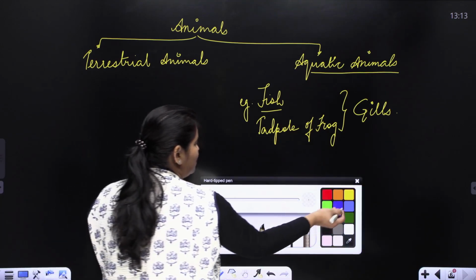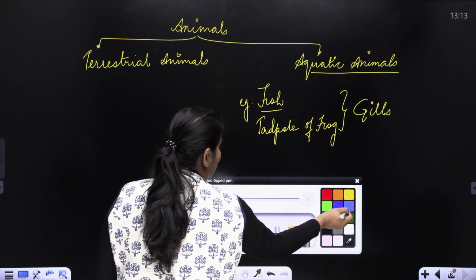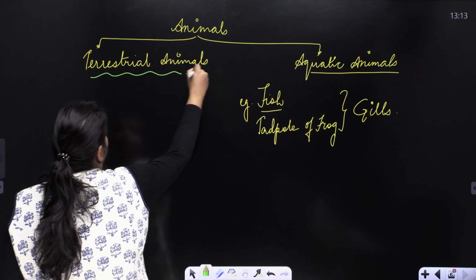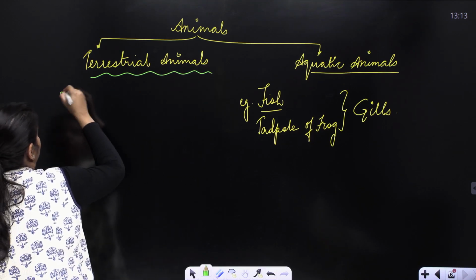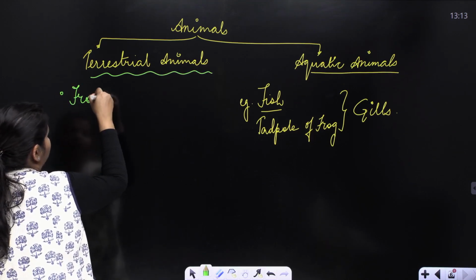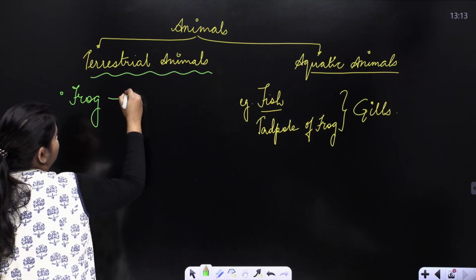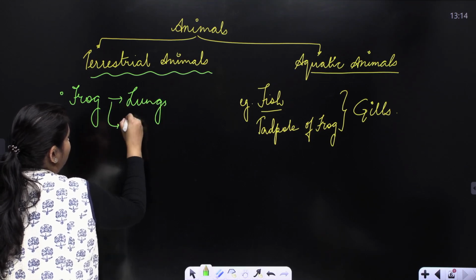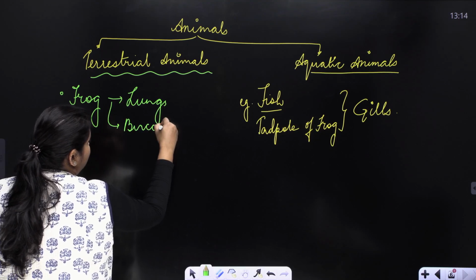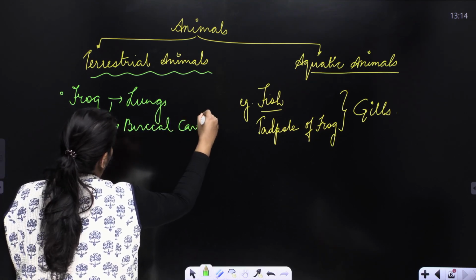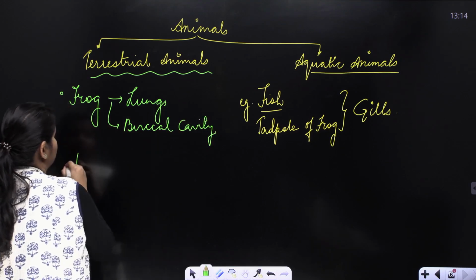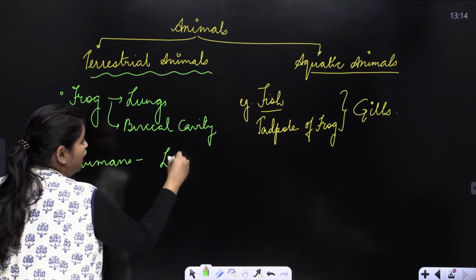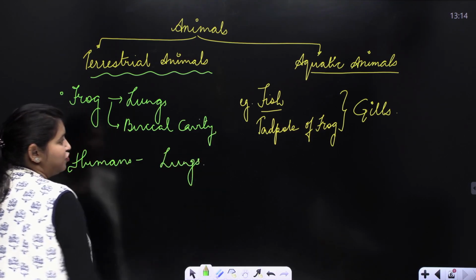And when I say the terrestrial organisms, the land animals, here we talk about frog, which is an adult frog. So it has lungs, it has the buccal cavity. If I talk about human beings, they also have lungs for gaseous exchange.